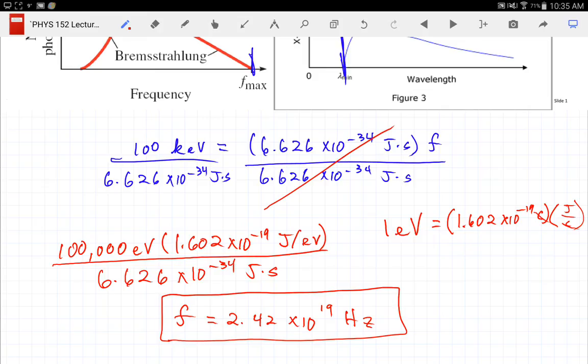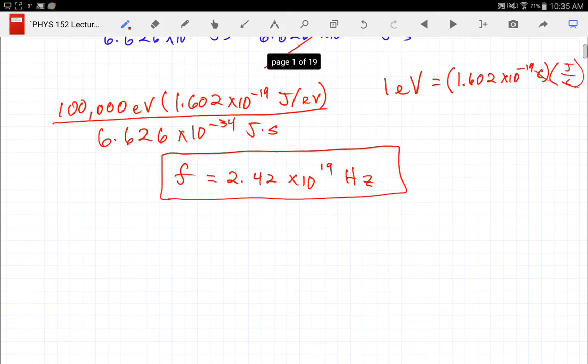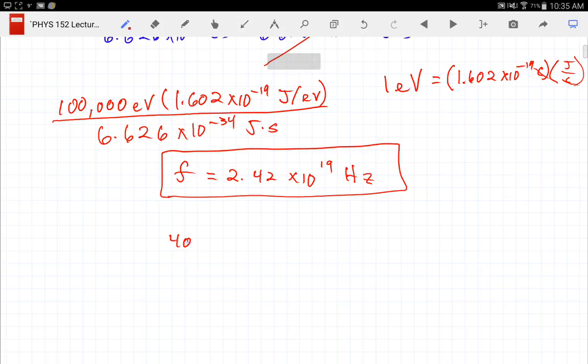Okay, 400 to 700 nanometers, or in frequency, I actually went 400 to 750 because that allows me to keep the same numbers. Visible light is 400 nanometers to 750 nanometers, or 7.5 times 10 to the 14 hertz to 4 times 10 to the 14 hertz.